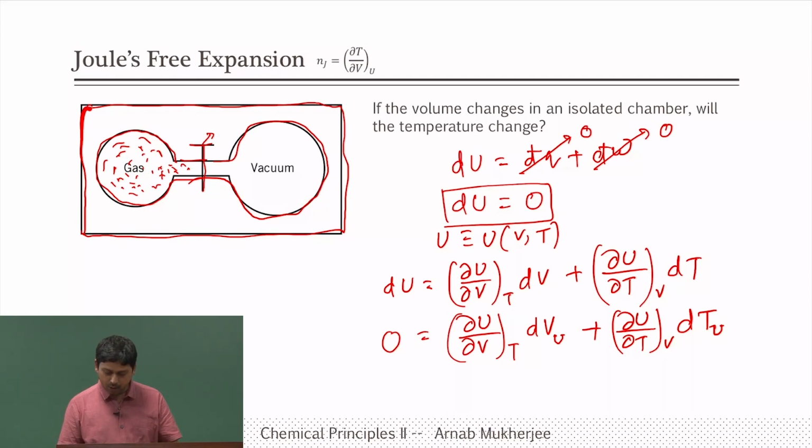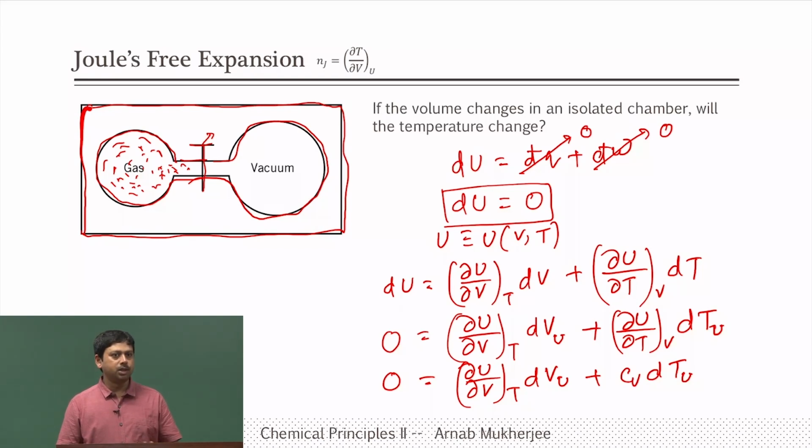One of the quantities you know: (del U by del T) at constant V is Cv, right. So (del U by del V) at constant T dV at constant U plus Cv dT at constant U. So no assumption, nothing has been used till now in this derivation.